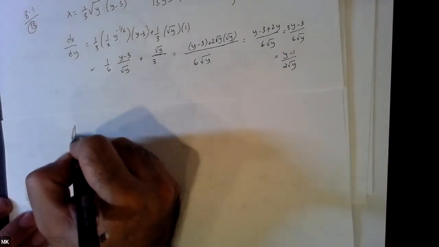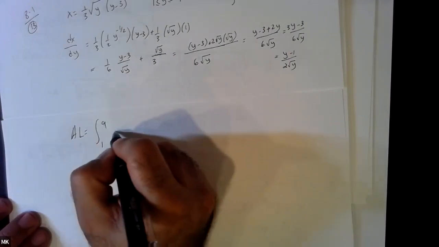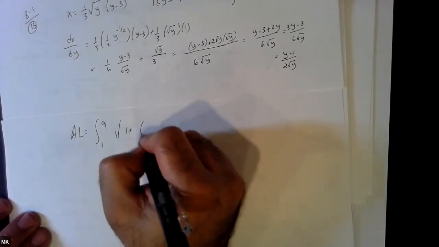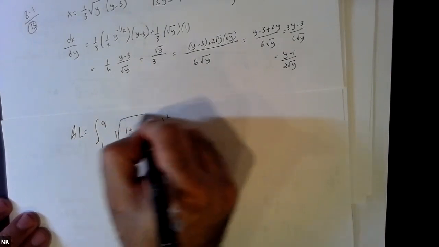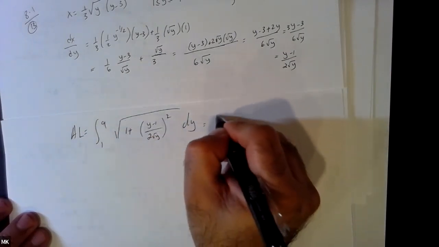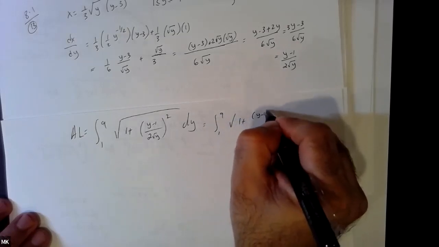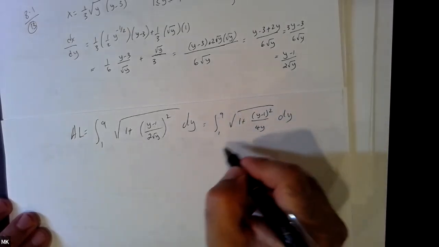As you would expect, now I'm going to square it, add 1 to it, and then take the square root of it. So arc length is going to be the integral from 1 to 9 of the square of that. Get a common denominator.